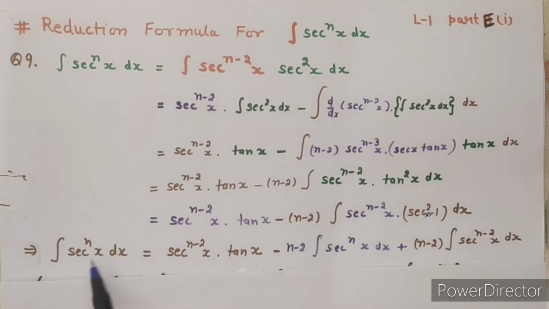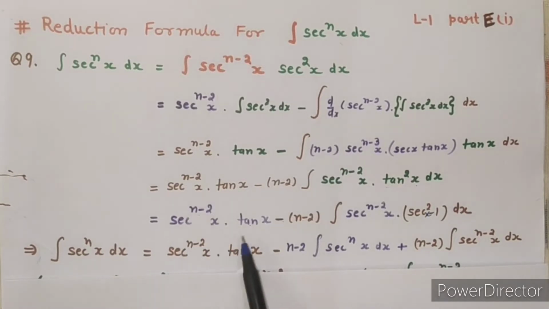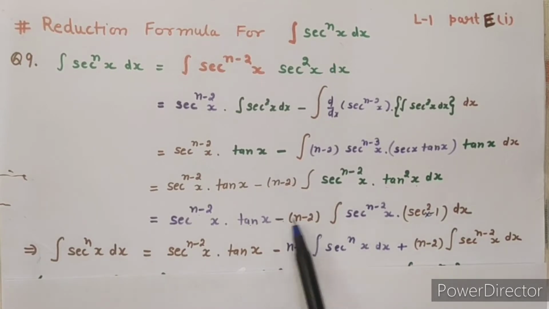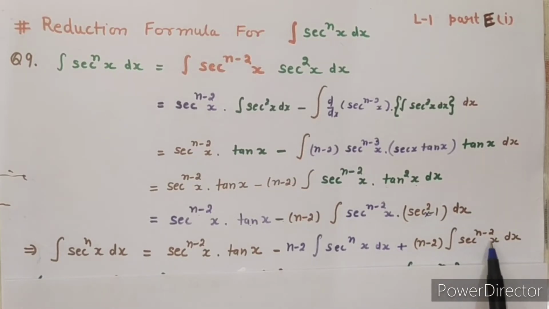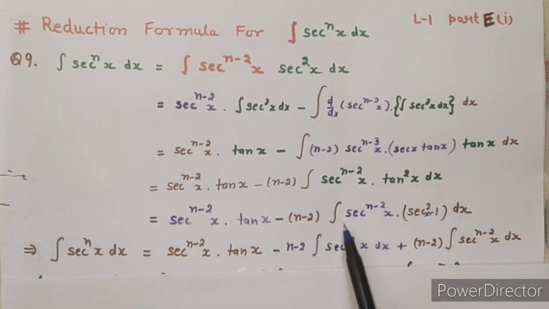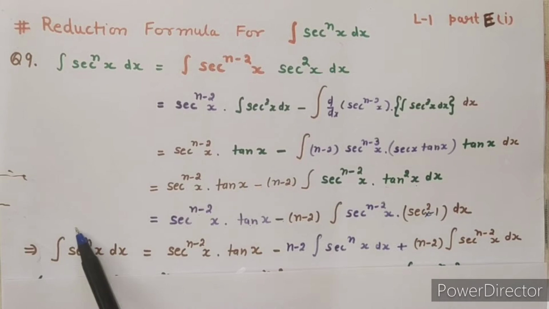So my left hand side, integration of secant nx dx, is equal to this term and this term multiplied here. It is minus sign, secant nx dx. This minus with this one minus gives you plus sign and n minus 2 secant n minus 2 x dx. Now the value of this integral is the same as your left hand side.